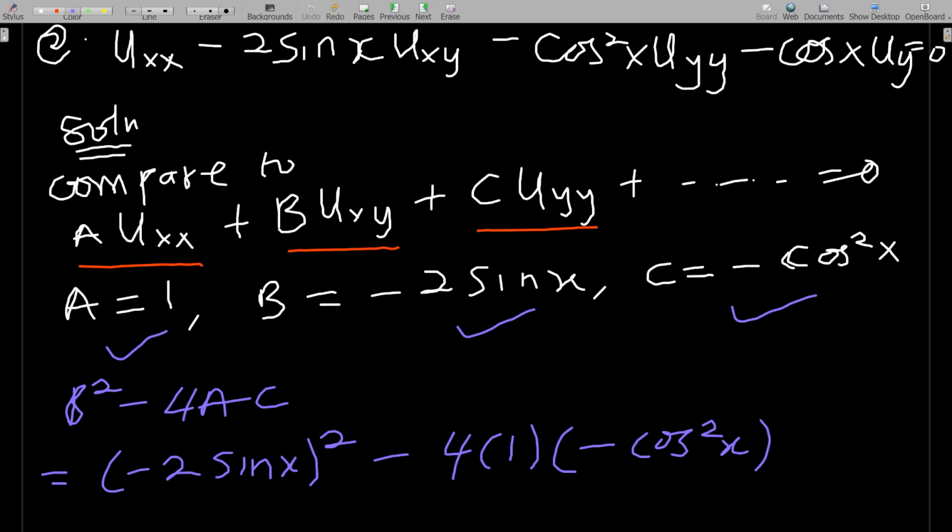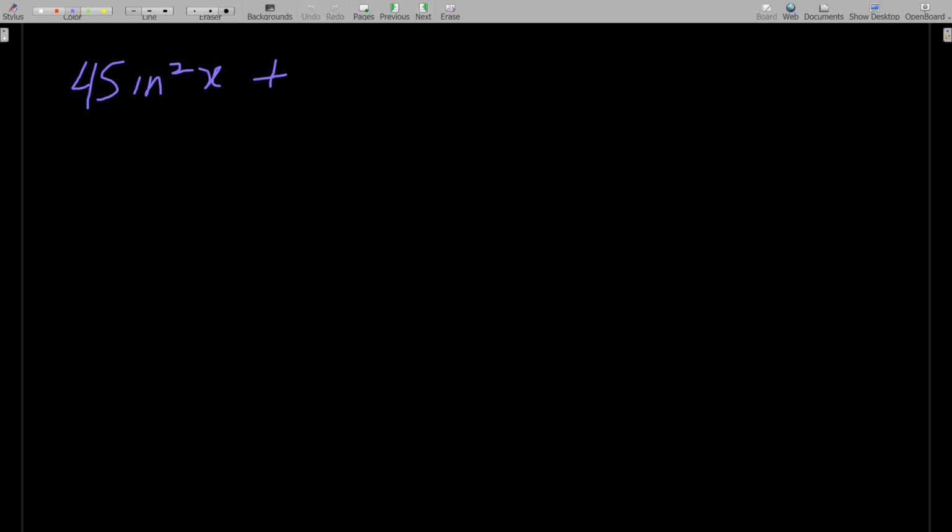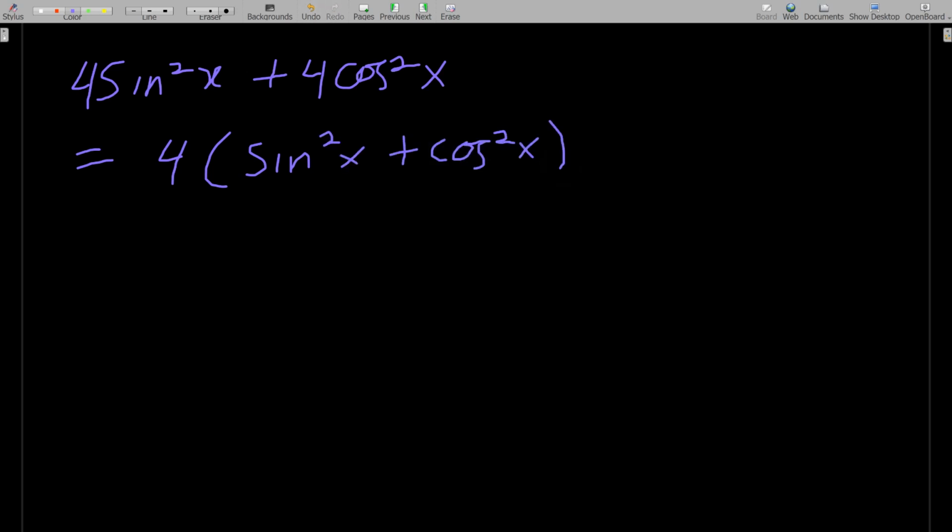So when I multiply them, I'm getting a plus 4 cos squared x, and I can factor 4 from both terms, and this will give me 4 times sin squared x plus cos squared x, and the whole of this sin squared x plus cos squared x simplifies to 1.